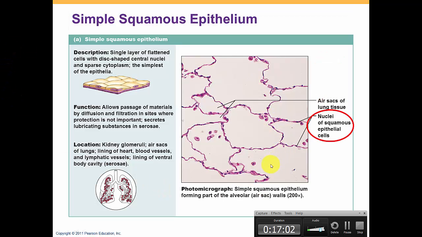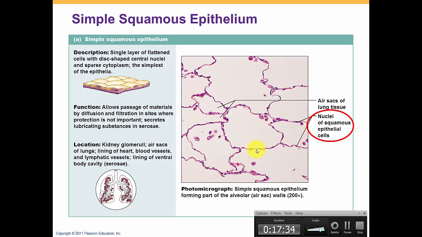So here is the picture that I want you to know, and I want you to know actually all the pictures in this lab. I have here one of my air spaces called alveoli in the lungs. And these alveoli, as you can see, are made of very thin layers of epithelium, and every one of these violet dots is actually a nucleus.